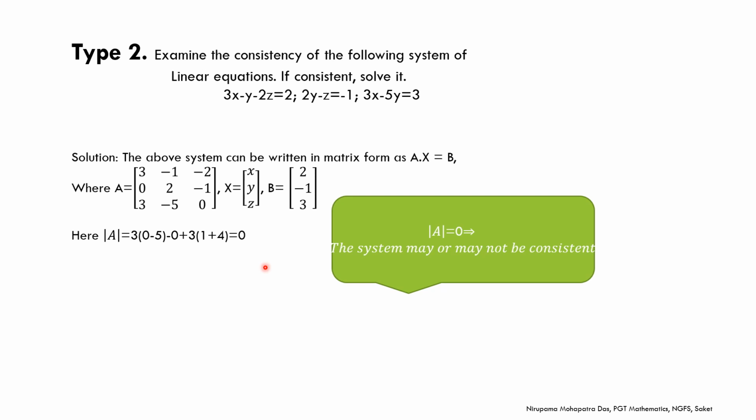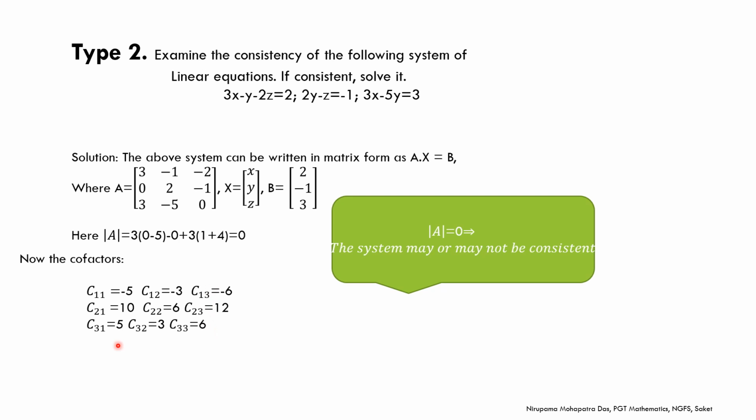So our next step is to get adjoint of A into B. For adjoint of A, we have to find the cofactors. By this time, I am quite sure all of you are very familiar, I can say experts, in finding cofactors. I have found the cofactors. Please have a look at them and see whether your answer is matching with mine or not.